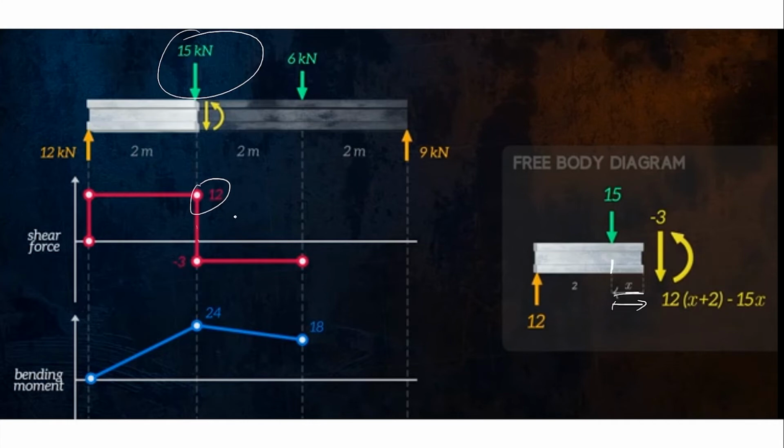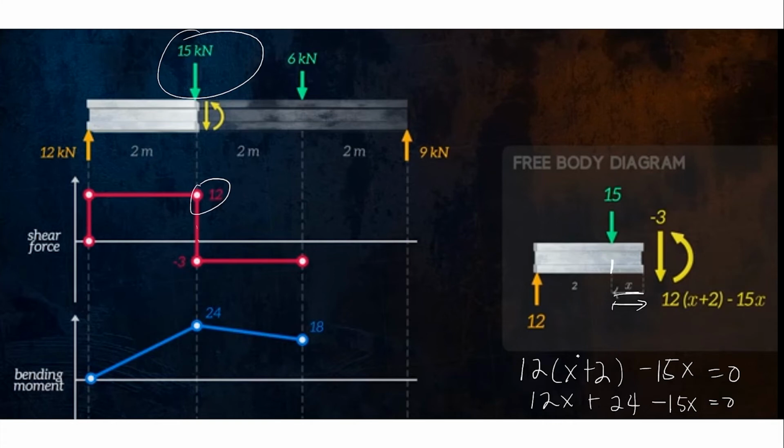So, para magawa yan, ano yung mangyayari sa 12x plus 2 tsaka minus 15x? 12x plus 2 minus 15x equals 0. Paano to? Ilan to? 12x plus 24 minus 15x.